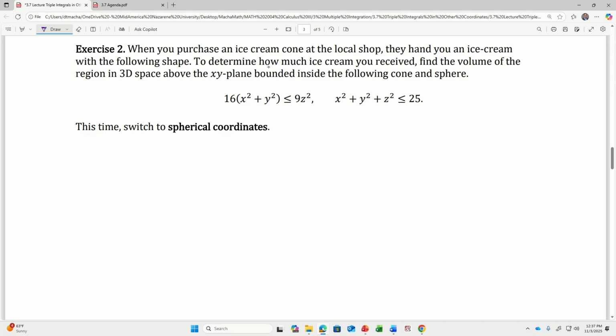So this is a sphere centered at the origin with a radius of 5.